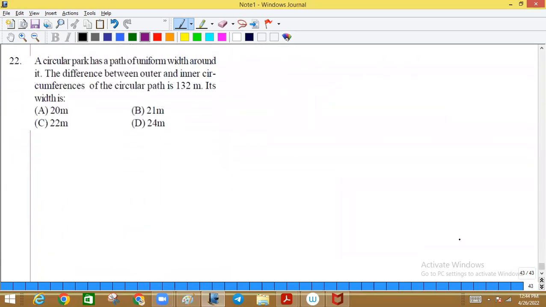A circular path has a path of uniform width around it. The difference between the outer and inner circumferences of a circular path is 132. Outer radius is capital R, inner radius is small r. Difference is 132. Its width. Width is capital R minus small r.